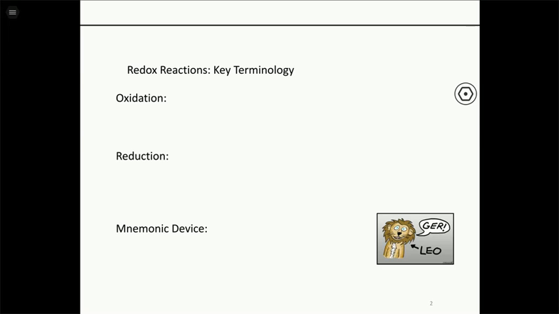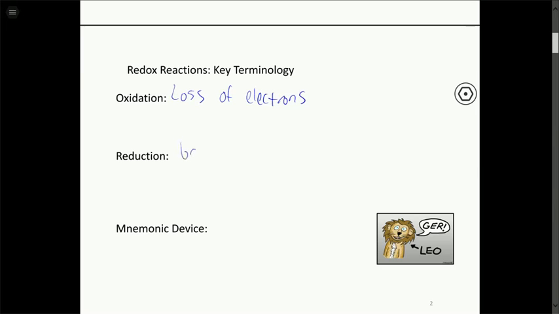All right, so we're going to talk about redox reactions. There are two things that always happen in a redox reaction. You have oxidation and reduction. That's where the name comes from. Oxidation is loss of electrons. Reduction is when something gains electrons. And the key point with redox reactions is that these two things have to happen together.